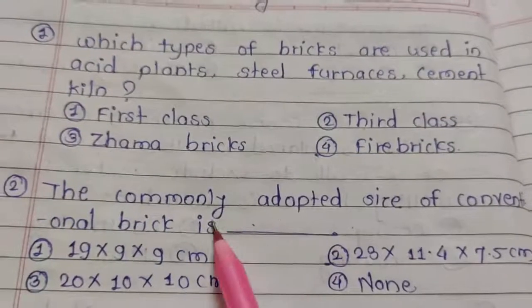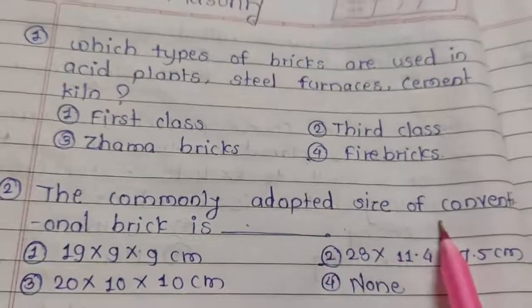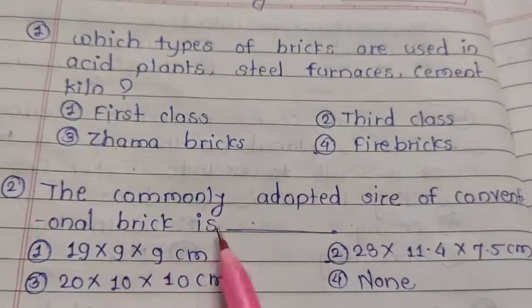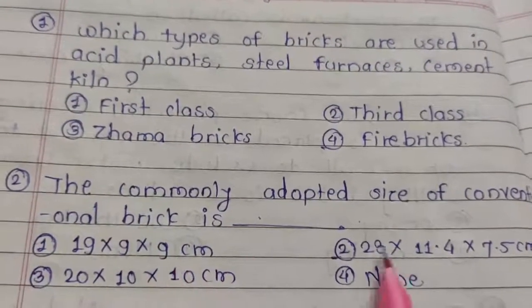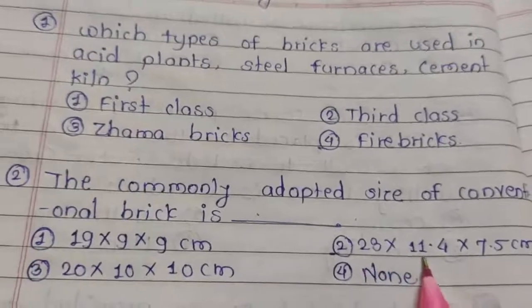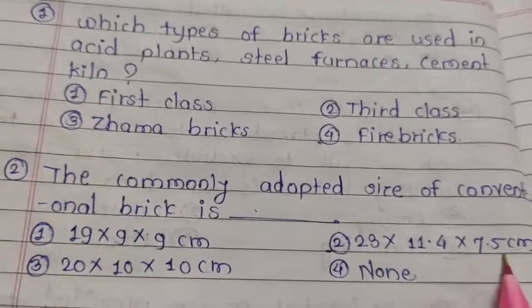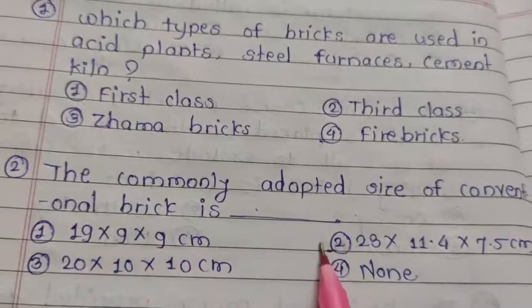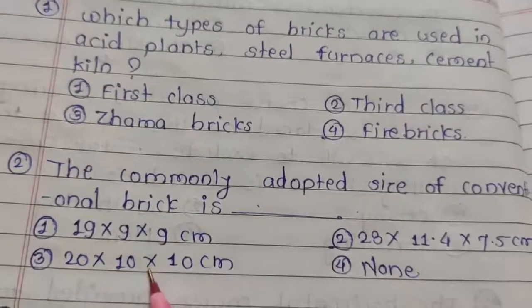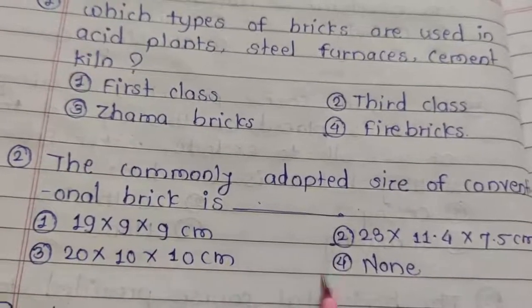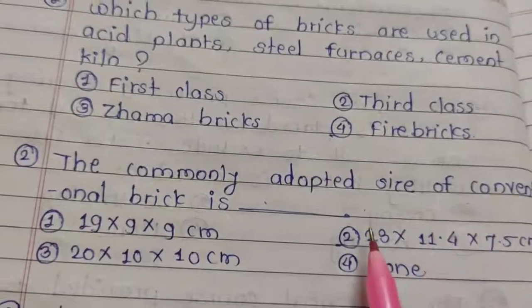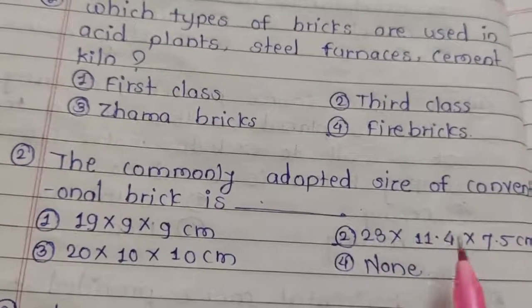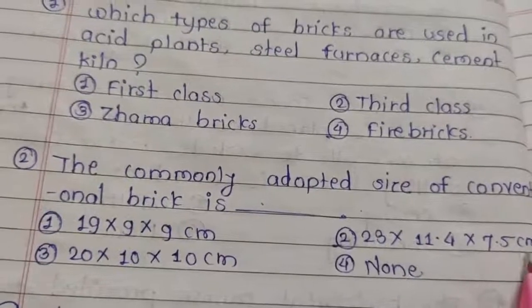The commonly adopted size of a conventional brick is 19 into 9 into 9, 23 into 11.4 into 7.5 centimeter. All are in centimeter. 20 into 10 into 10 centimeter. None. The conventional brick is 23 into 11.4 into 7.5 centimeter.